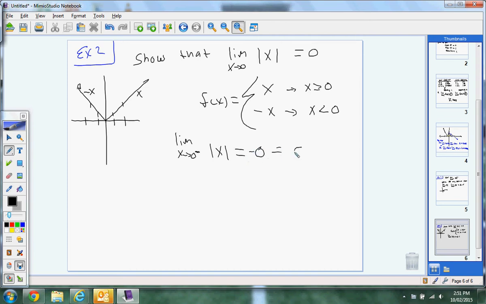Negative 0 is just 0. Okay, and then if I do limit as x approaches 0 from the right, same concept, I still get 0. So we just proved we got the same with each limit from left and right, so the limit does exist.